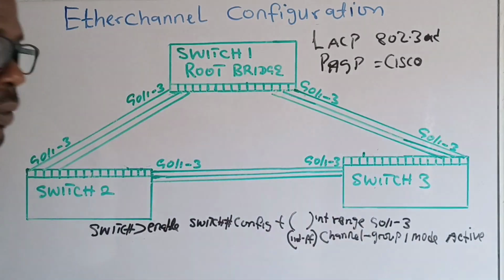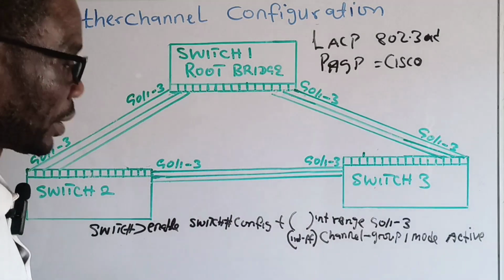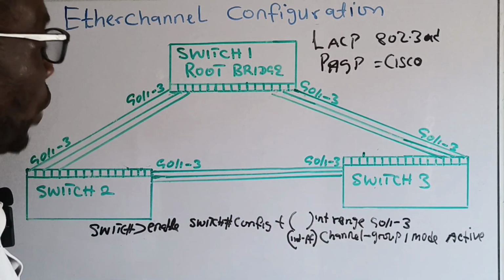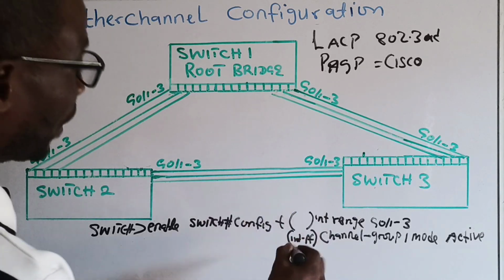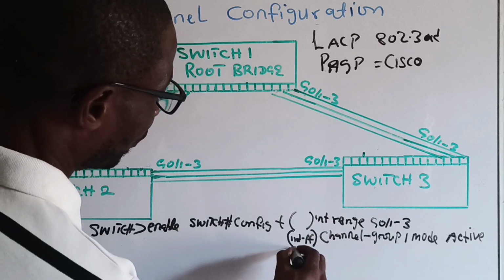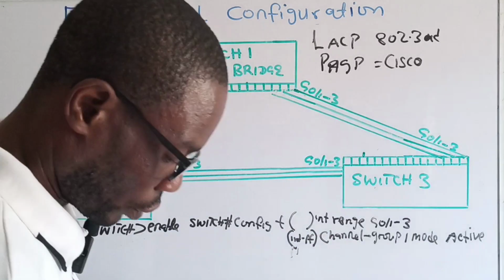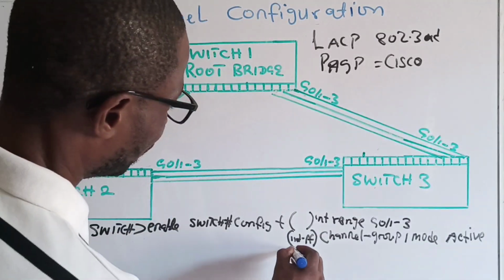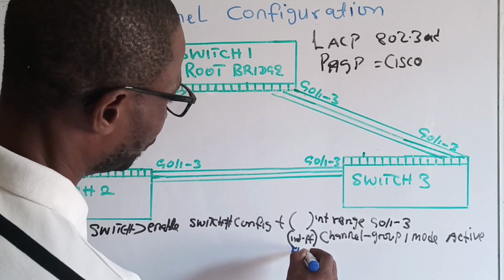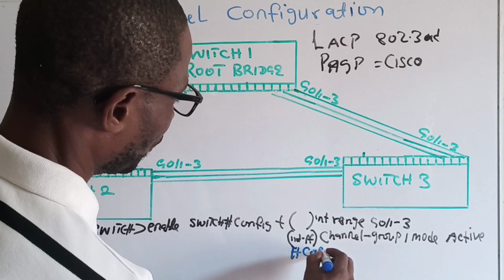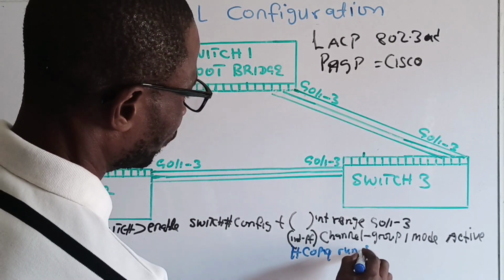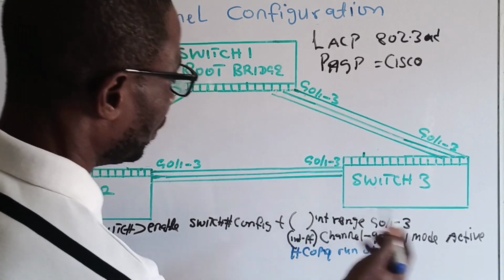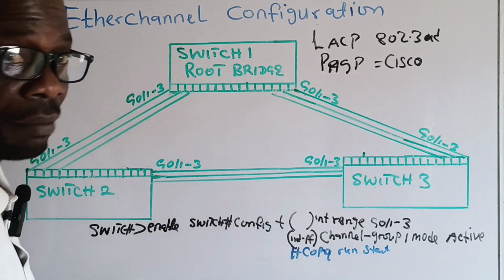You hit enter. So now you exit and save your configuration: put end and come back to privilege mode, where you put copy run start. Yes, you have saved your configuration to NVRAM.